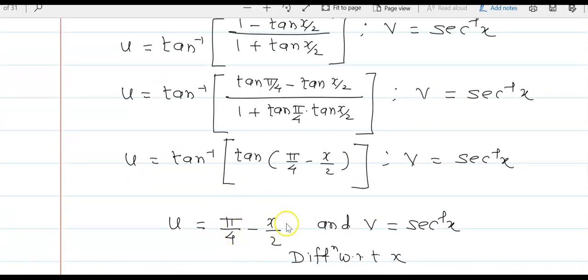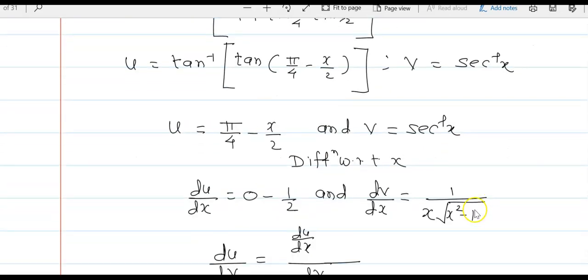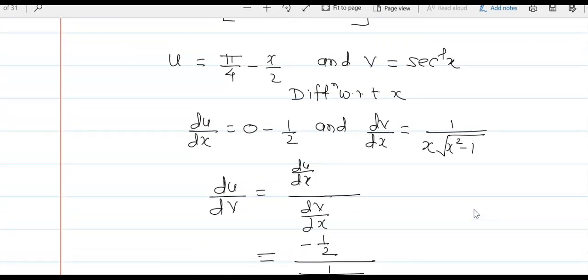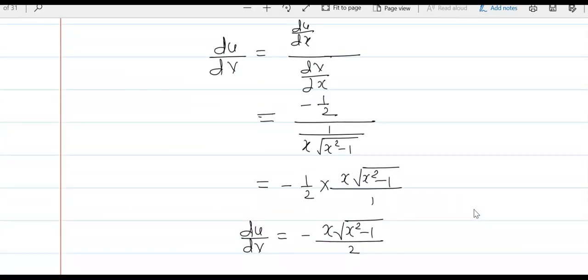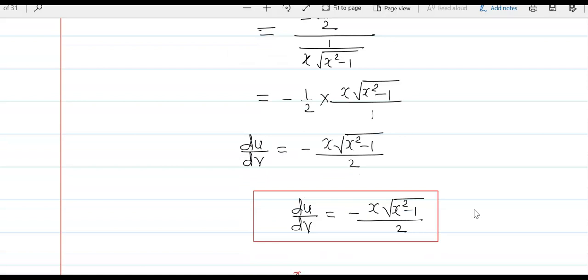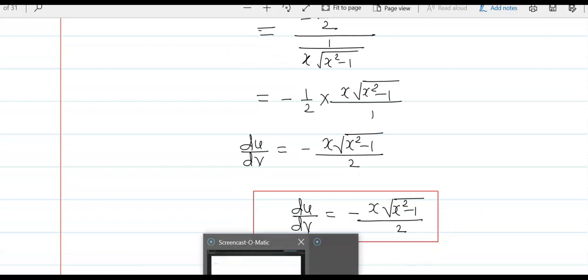U is equal to pi by 4 minus x by 2, v is equal to sec inverse of x, and their derivatives. This is the answer.